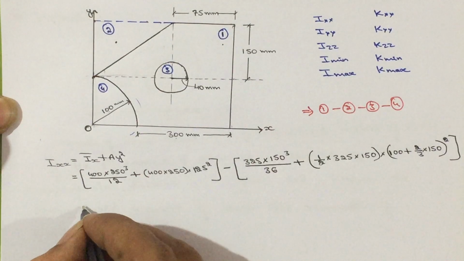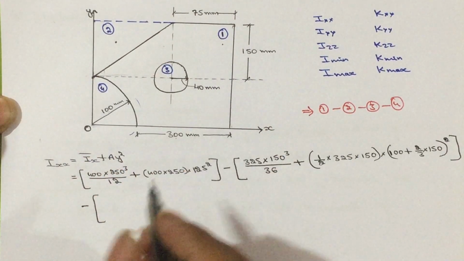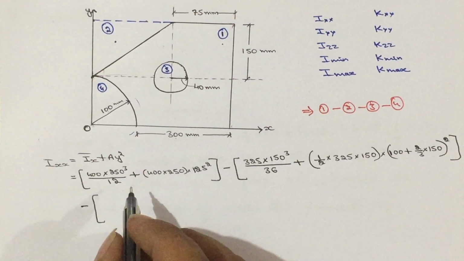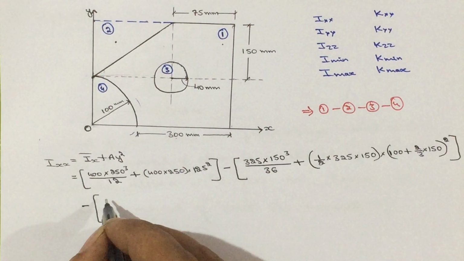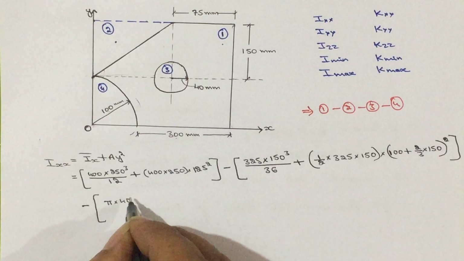Then the third part, that is minus. The third one is what? Circle. For a circle, the Ix bar is given by pi r to the power of 4 divided by 4. Pi into r, r is how much? 40.